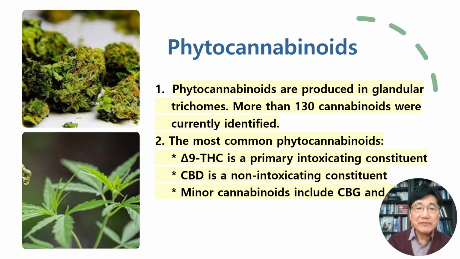THC is responsible for marijuana's psychoactive effect, whereas CBD plays a more modulatory role and can't intoxicate. As transition state molecules, dozens of minor cannabinoids, including CBG and CBC, have unique therapeutic potentials.